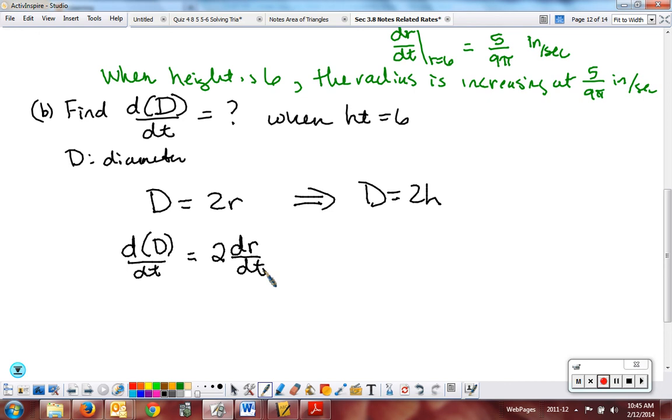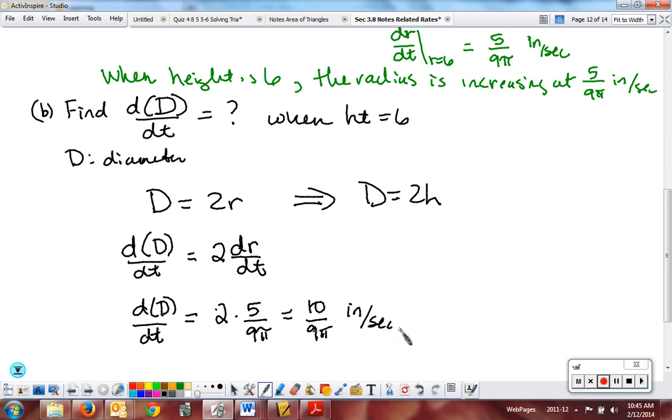How is the rate the diameter is changing related to the rate the radius is changing? It's twice. And we already know this, so plug and chug. The derivative of d at this time is equal to 2 times what I got above, 5 over 9 pi. What are my units? 10 over 9 pi inches per second.